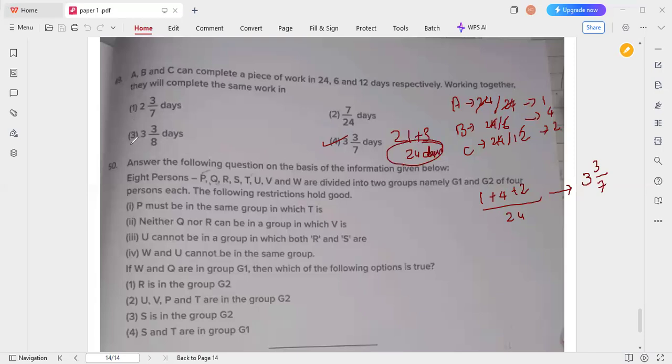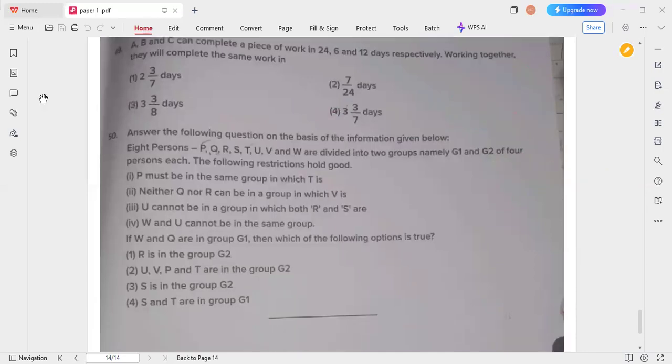So next, that is the last one. Answer the following question on the basis of information given below. 8 persons, P, Q, R, S, T, U, V, and W, are divided into 2 groups named G1 and G2 of 4 persons each. The following restrictions hold good. P must be in the same group in which T is.